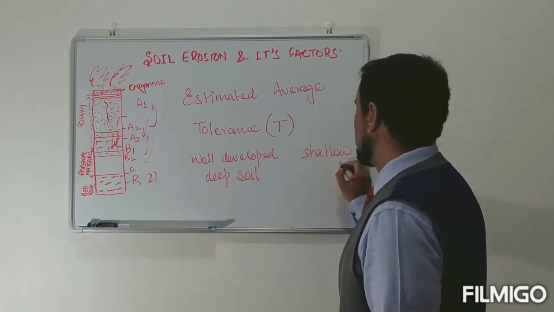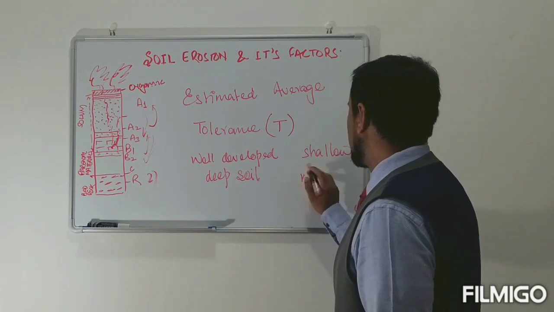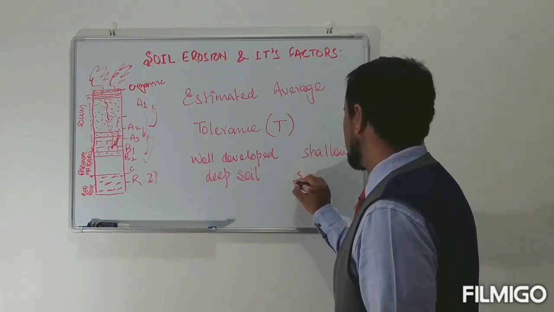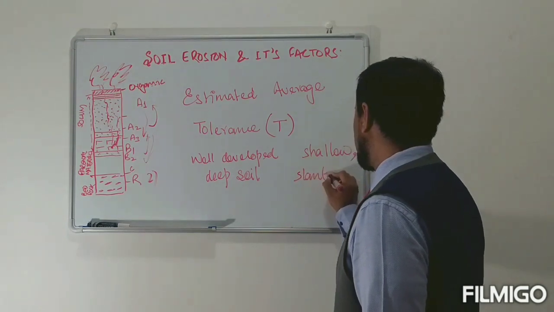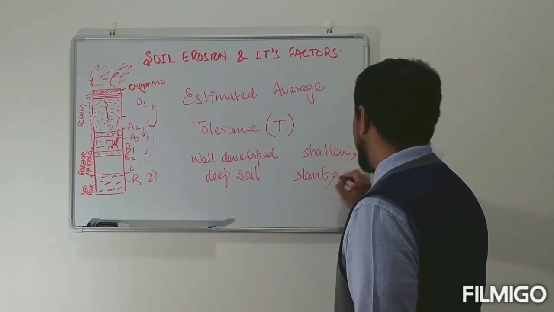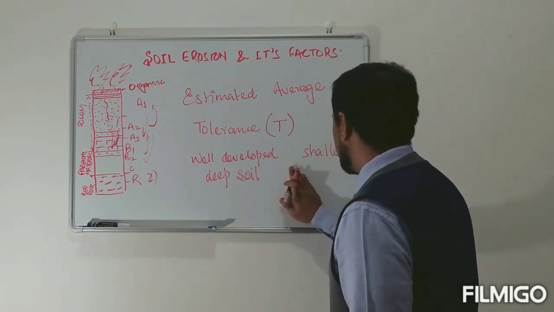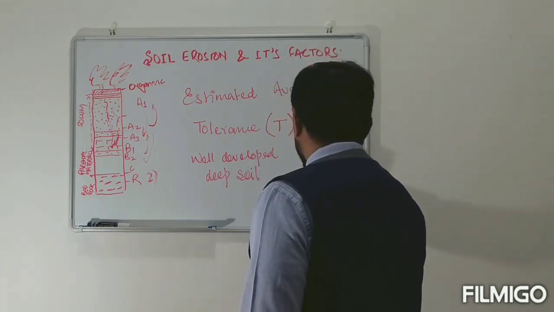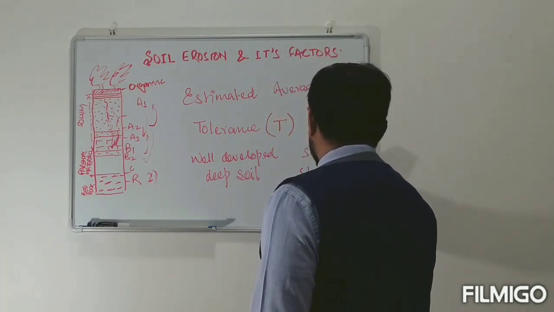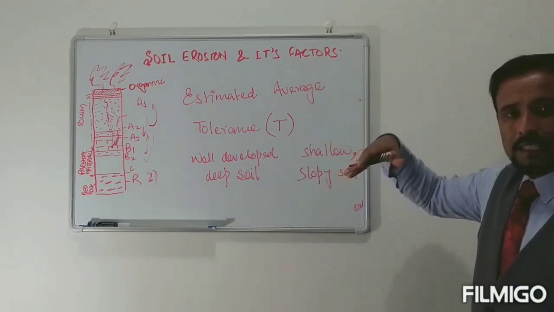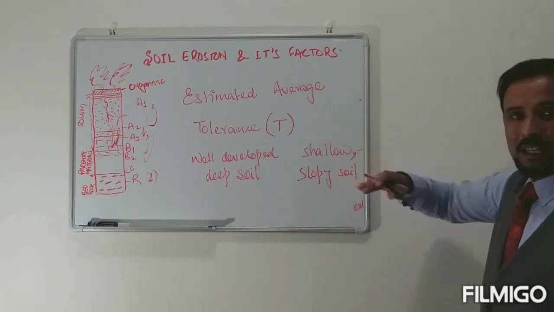Shallow soils, not well developed, which are at a slant, or compact soil, right? Shallow soil or sloping soil, I have to say. The soils which are at a tilted position, which are shallow.